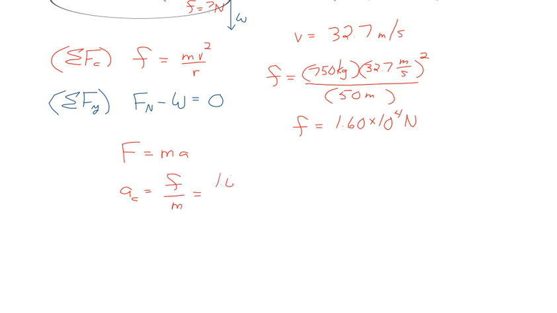So 1.60 times 10 to the 4th newtons, or kilogram meters per second squared, could have written it that way to show the units canceling out. And that's divided by 750 kilograms. And solving that, the answer should come out to be 21.4 meters per second squared.